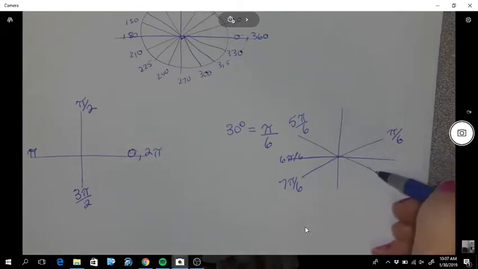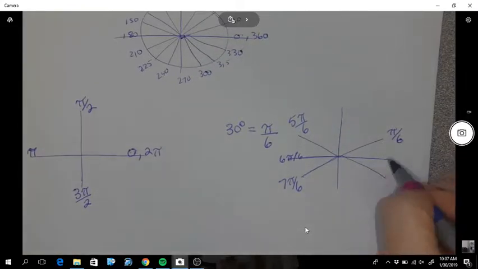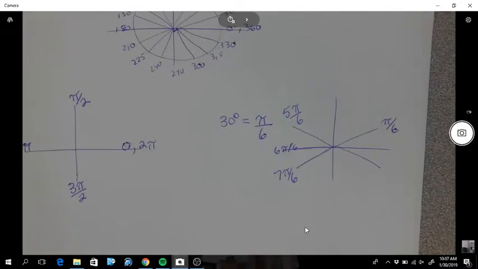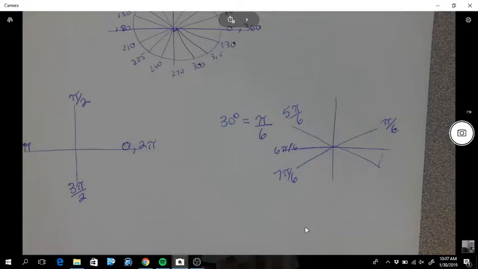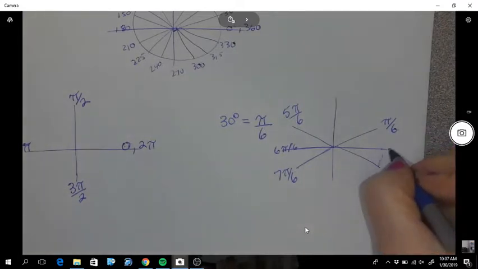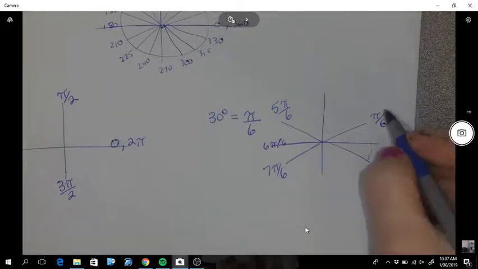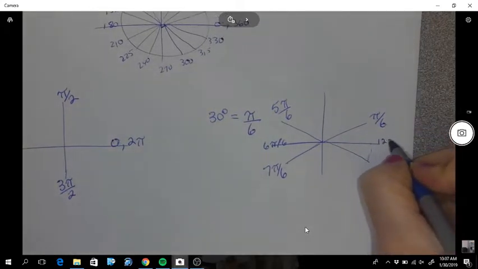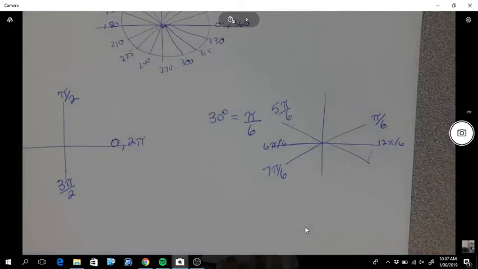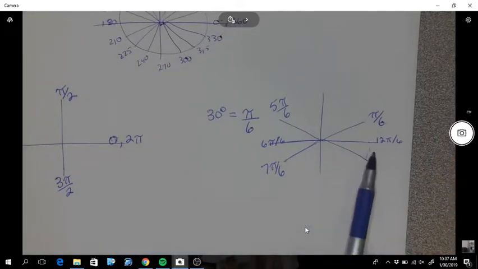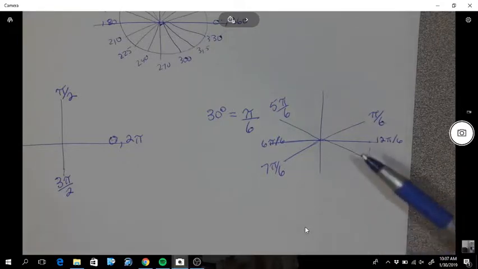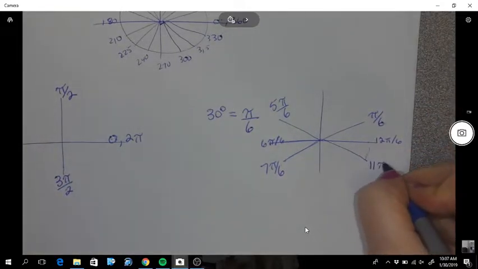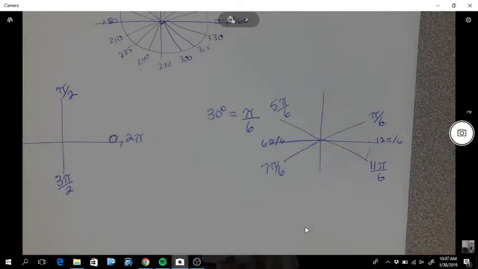And for the 30 degree reference angle into quadrant 4, you would have to think about going backwards pi over 6, but this time you're going backwards from 360, which in radians would be a reference of 12 pi over 6. So this would end up being 11 pi over 6.